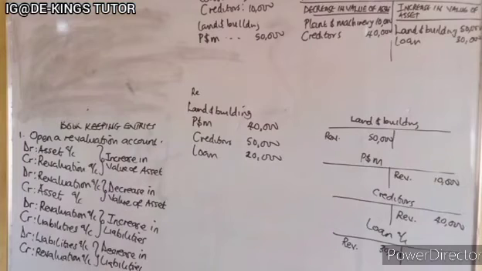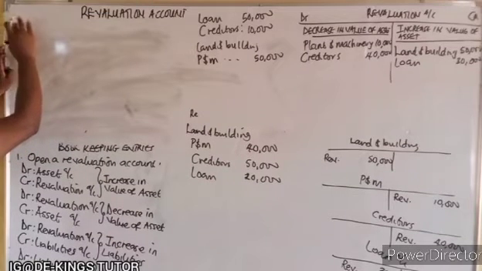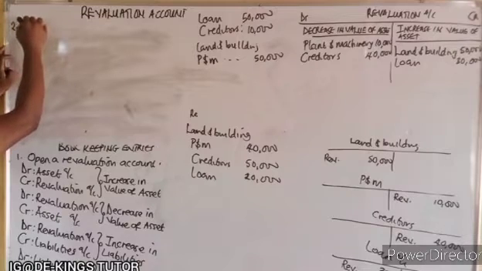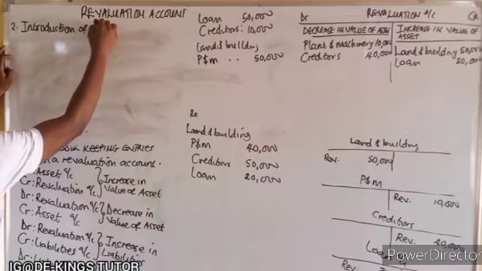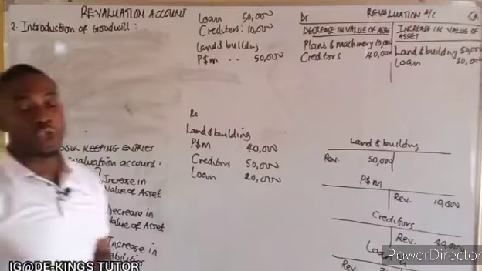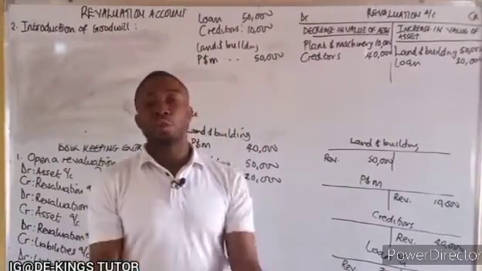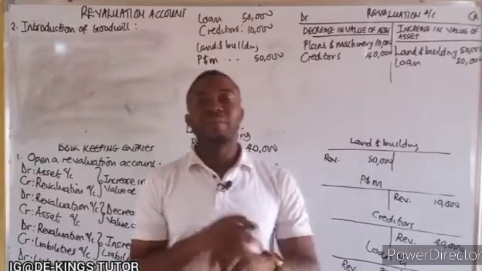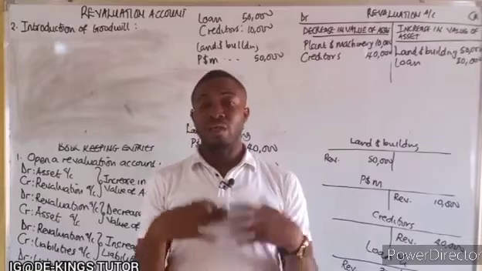The next situation also is when there's introduction of goodwill. That's 2. Now, when there's introduction of goodwill, like I said before, we have done the goodwill account. I'm sure you watched that. Now, when they introduce goodwill, what they are saying is that over time the business has gained a good reputation to the outside world.